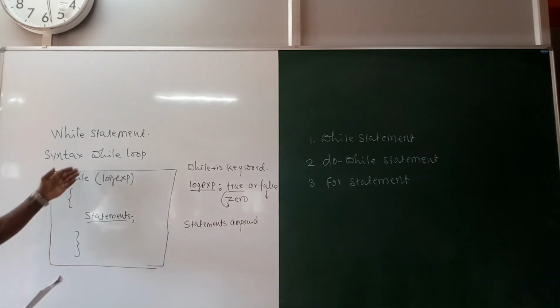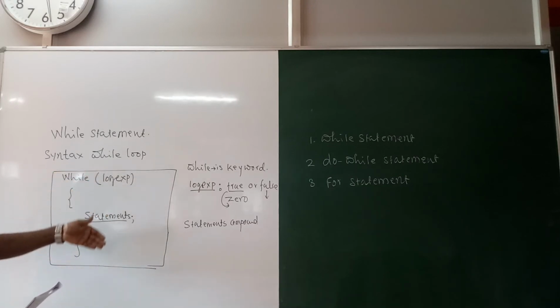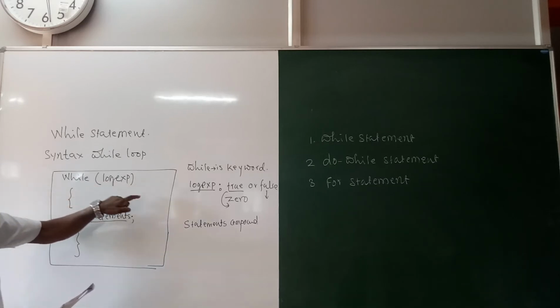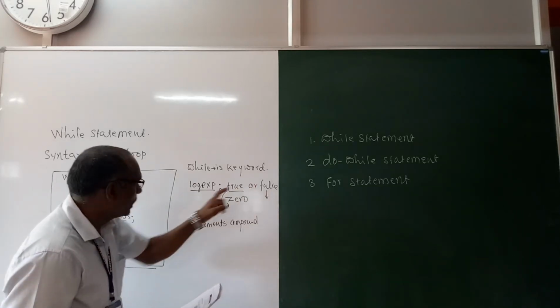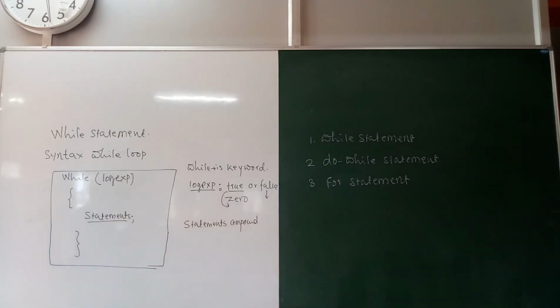If in one pass or second pass or 10 passes the loop executes this, and in one fine pass this logical expression result is false, then the control will go to the next statement of the program.